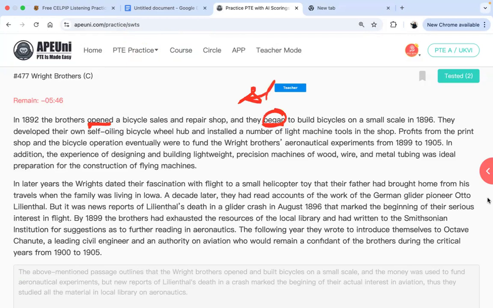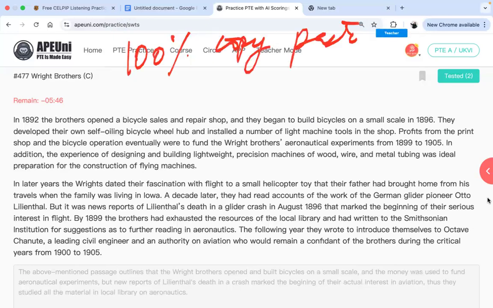You can say they started. You can say build. You can say make. Small scale, you can say low. No, don't say that. Just say to build bicycles. Don't write small scale. Right, Manjot? So I'm trying to tell you to try to remove and change some words, so that you still do not sound like 100% copy paste. We can't do that. All right.